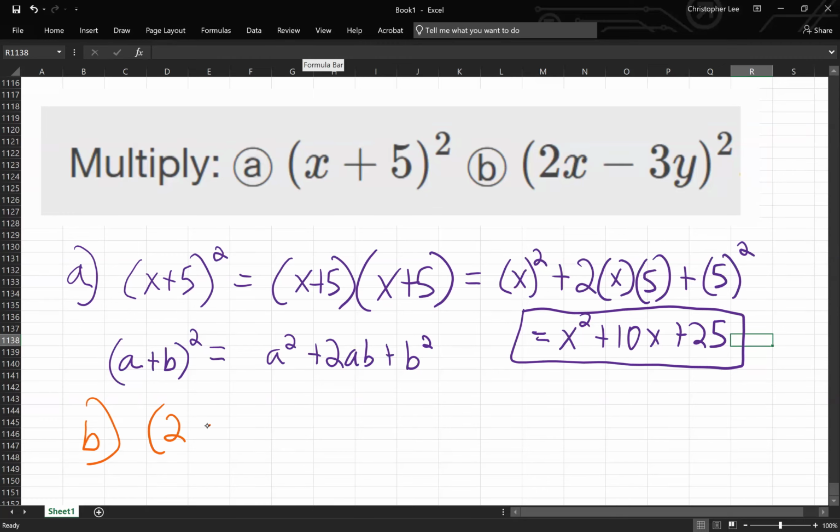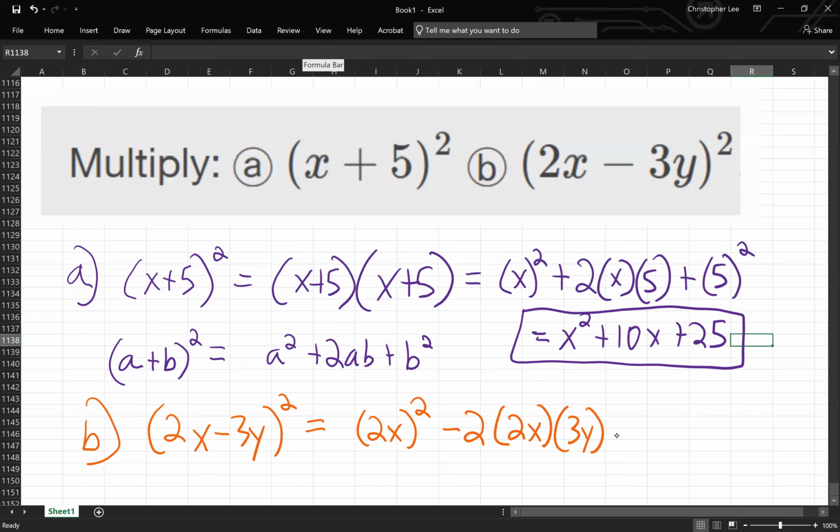This is what? 2x minus 3y squared, right? Again, I'm using the shortcut, right? This is going to be 2x squared minus 2 times a, which is 2x, times b, which is 3y, plus our b term, which is 3y squared.